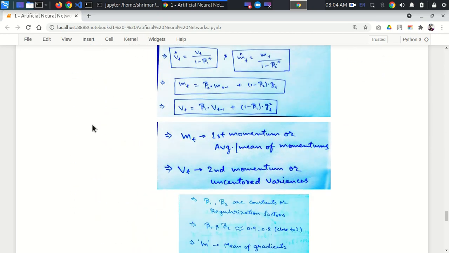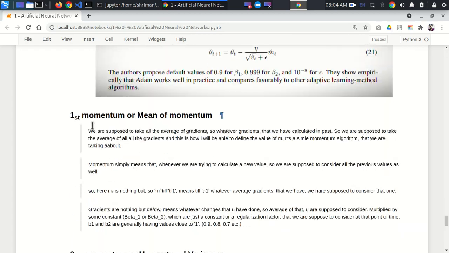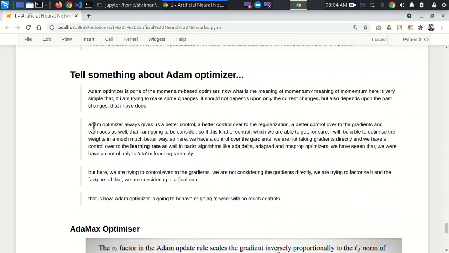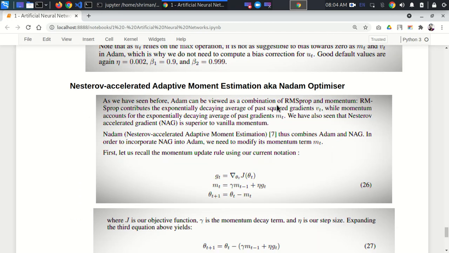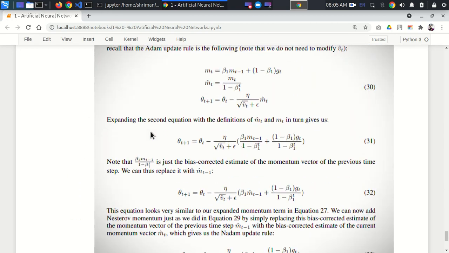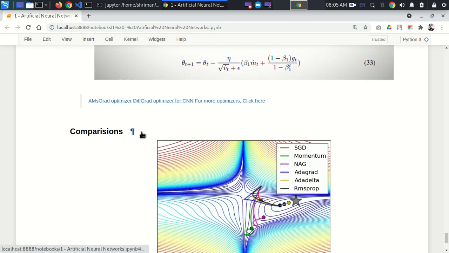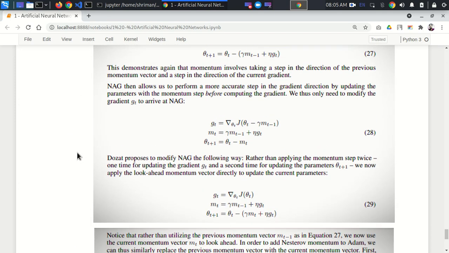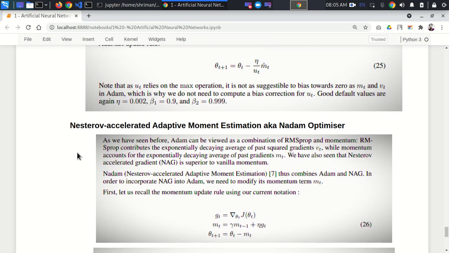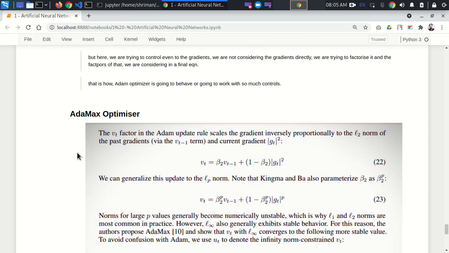After Adam there will be the AdaMax optimizer, the NAdam optimizer, and there is also the AMSGrad optimizer available. So there are lots of things available. It's not possible to explain each and everything in a single class, so I think I have to keep these things here till this point.